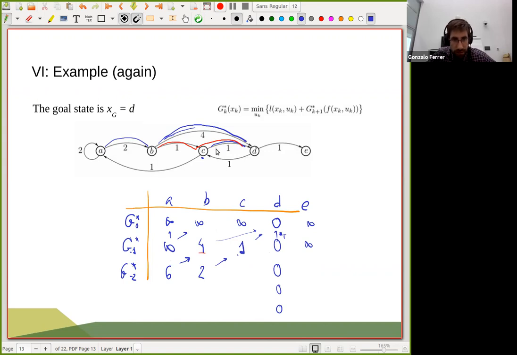So for C, let's take a look. For C, what we can do is we can go here. And what is the other? And A. Okay, so it's either infinite or 1. So what it means is that the best thing to do is just go to D. Right?